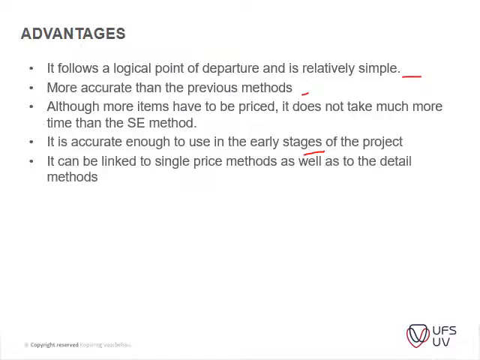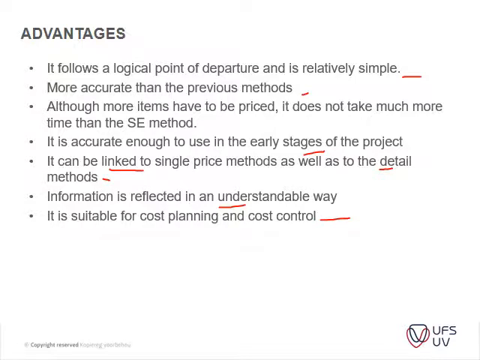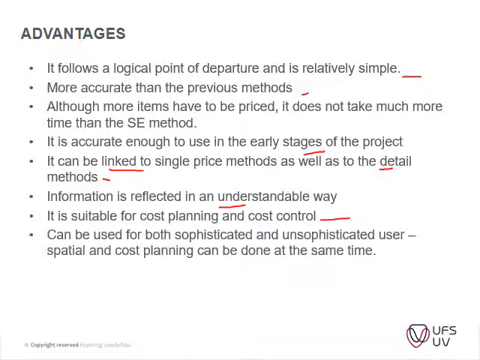It can be linked with single price methods as well as with the detailed methods. So that's the big advantage, it can be linked with your detailed methods. Information is reflected in an understandable way, and it is suitable for cost planning and cost control. It can be used by both sophisticated and unsophisticated users. Spatial and cost planning can be done at the same time.